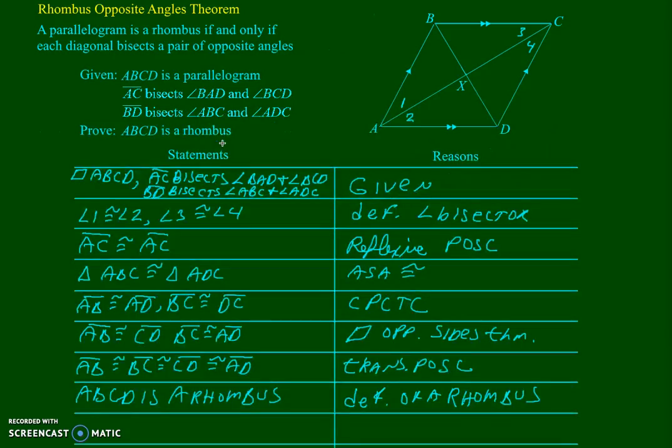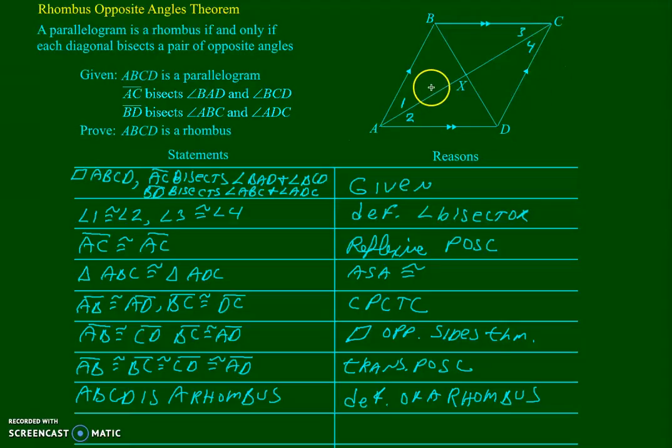The part of the theorem that we're going to prove here is we have a parallelogram and the diagonals bisect the opposite angles. So AC bisects angle BAD and angle BCD, and the other diagonal BD bisects angle ABC and angle ADC.